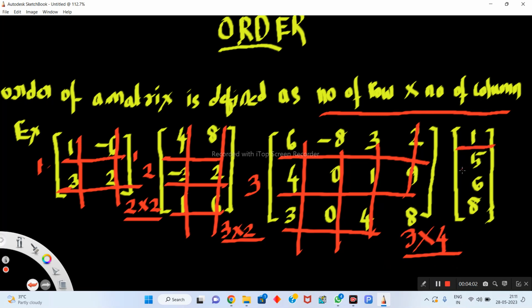We are having 4 rows by how many columns? Only a single column. So 4 by 1 is order of this matrix. So order of a matrix is defined as the number of rows by number of columns in a matrix.